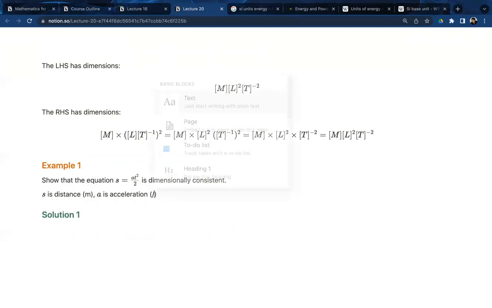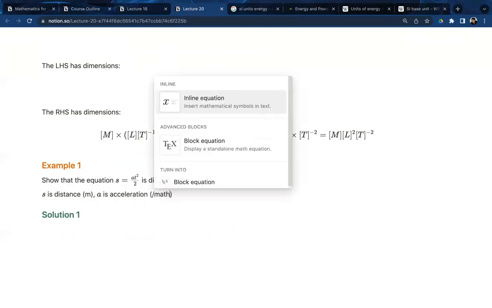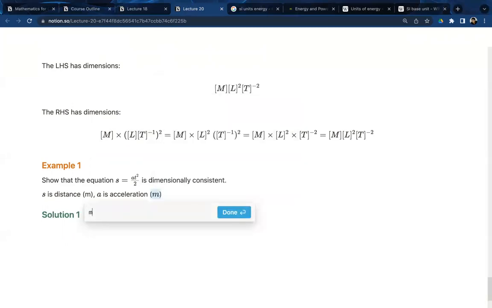Acceleration is measured in meters per second squared. So meters per second squared, right? T is time.